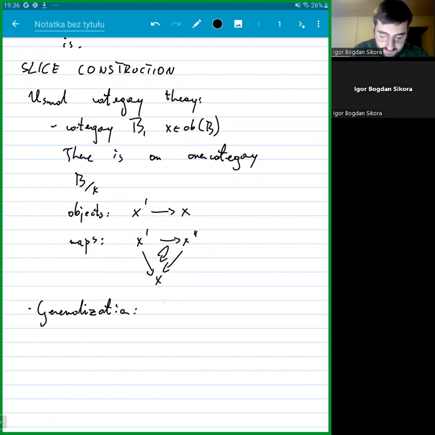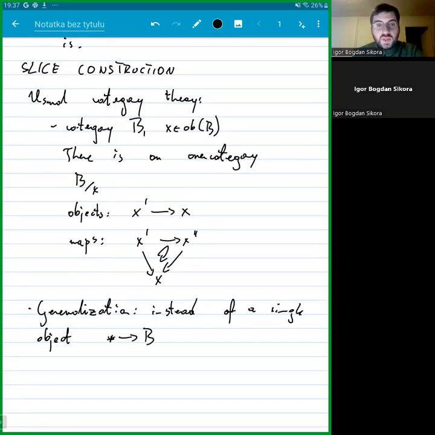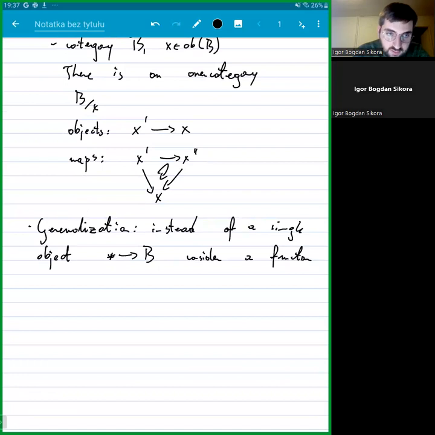Instead of a single object, which is just a functor from a one-point category to the category B, we can consider an arbitrary functor P from a category A to B. We think about this P as a diagram.